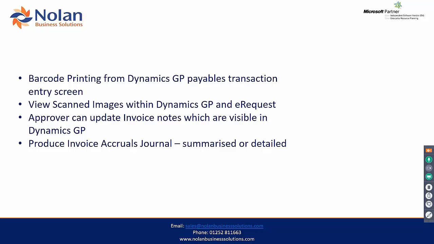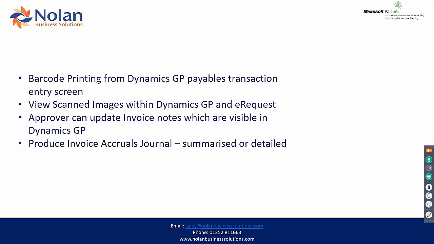I won't be showing you that today, but I'll show you how you can view the scanned image itself within GP and IRRI Quest. So if you did have Kofax Express or other scanning software, you could do the same and show the actual scanned image within Dynamics and or IRRI Quest.